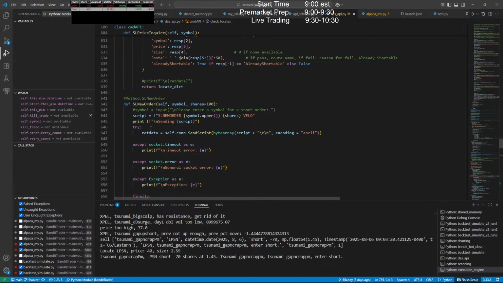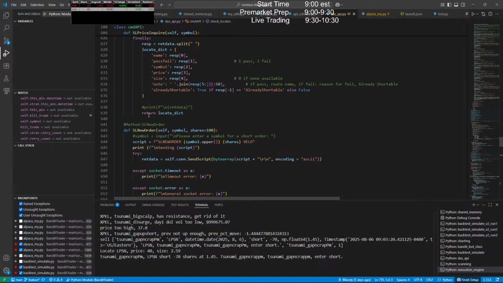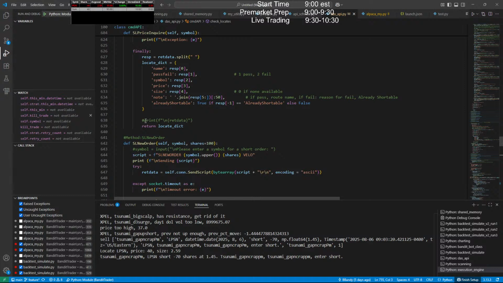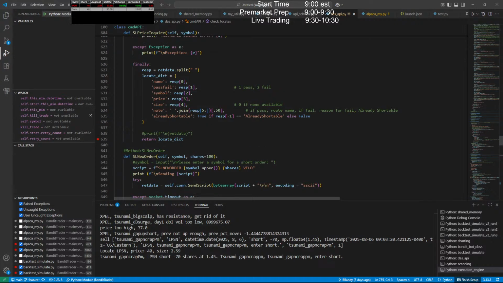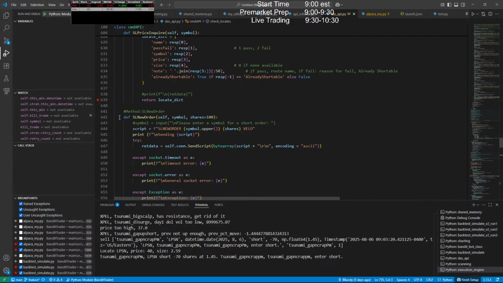Maybe I should just trade that one manually. Nah. Kind of odd that some of these work and some of these don't. Should be the same thing every time. All right, so this would be what gets returned.